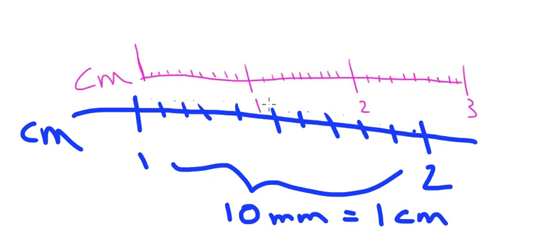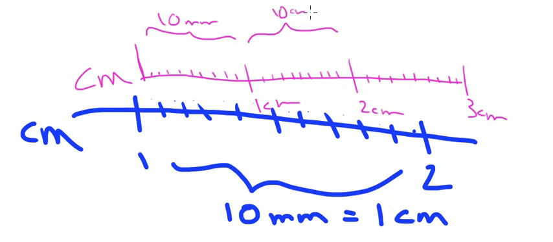This is 1 centimeter. This is 2 centimeters. And this is 3 centimeters. So we know in between the centimeters are millimeters, right? And we know that there are 10 millimeters between each centimeter. Okay, so we have 10 there. We have 10 here.